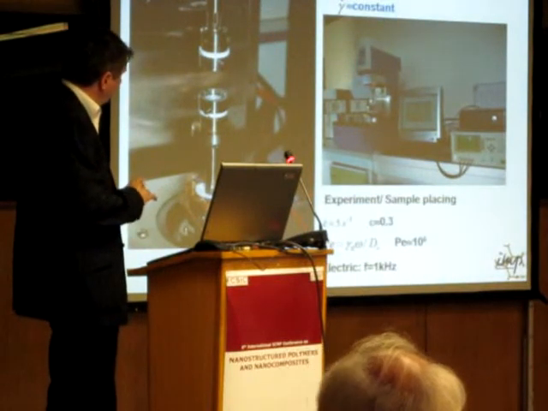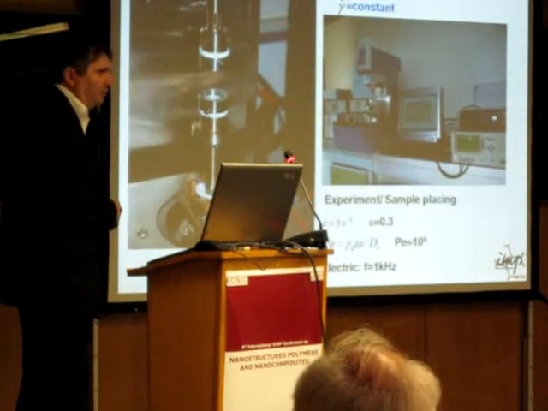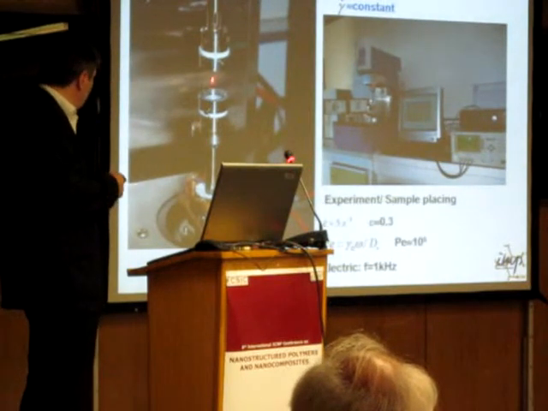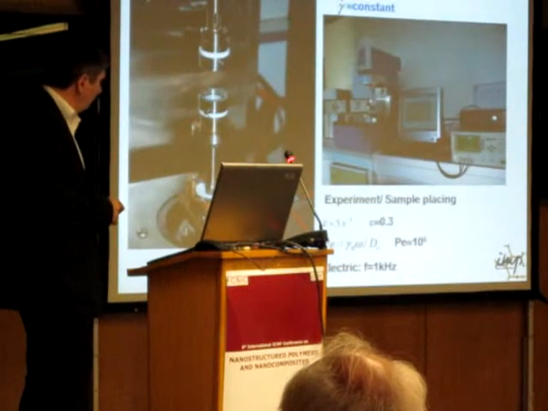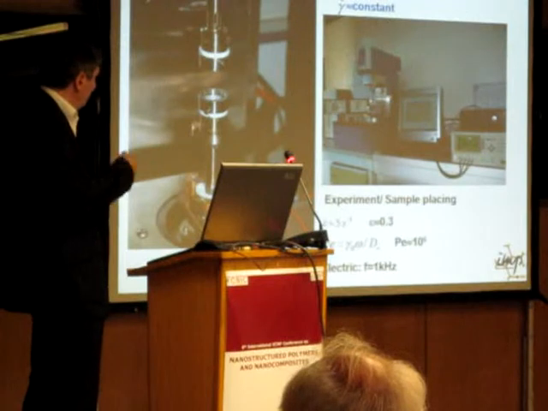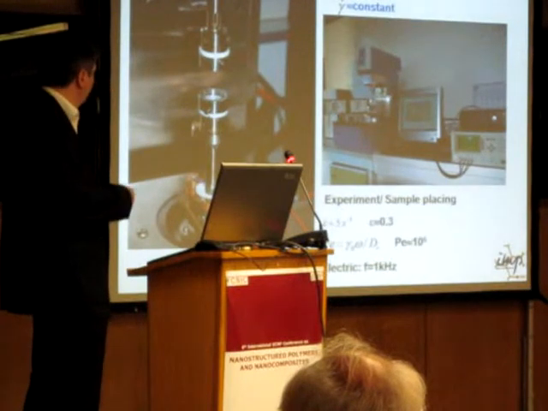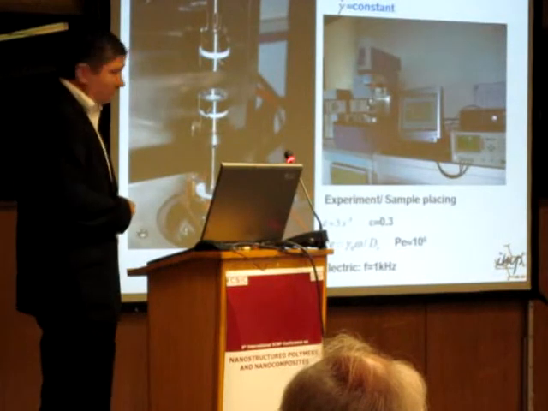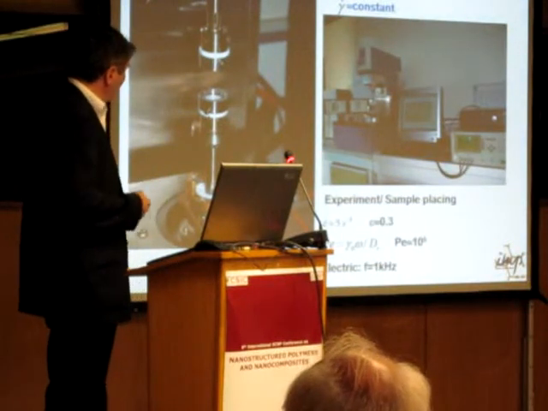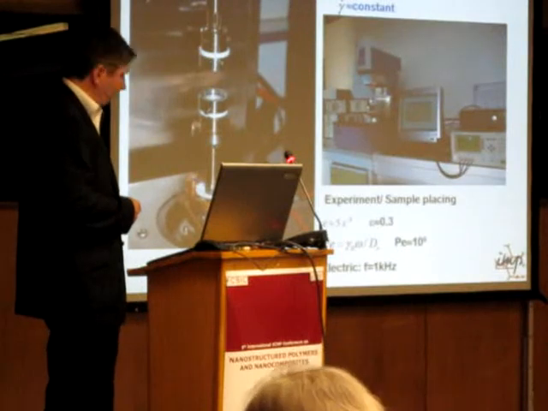So the principle of this experiment: first, when we put the sample in place, we apply an elongation deformation, and after that, I study the restructuration of the network by following the variation of the complex shear modulus.